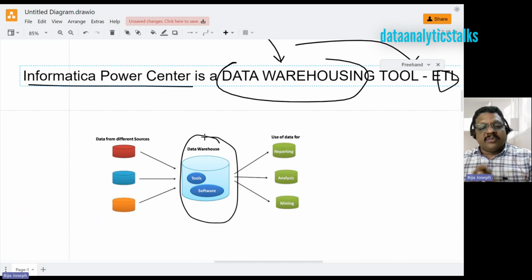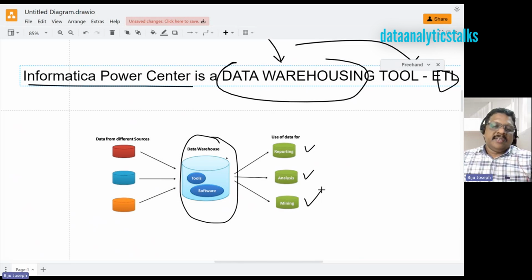It could be Azure Synapse, BigQuery, Snowflake or SQL Server. Then that can be distributed for reporting purposes, analytical purposes, and data mining purposes, or for any LOB systems. So that is a data warehouse.